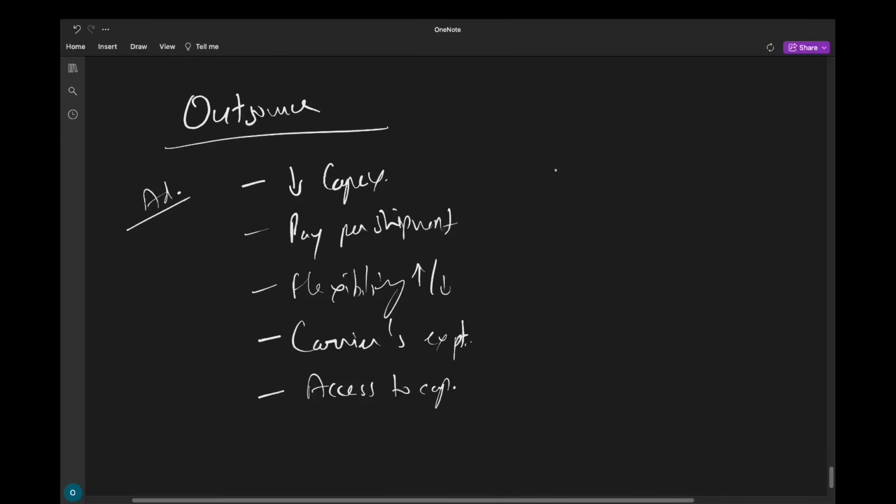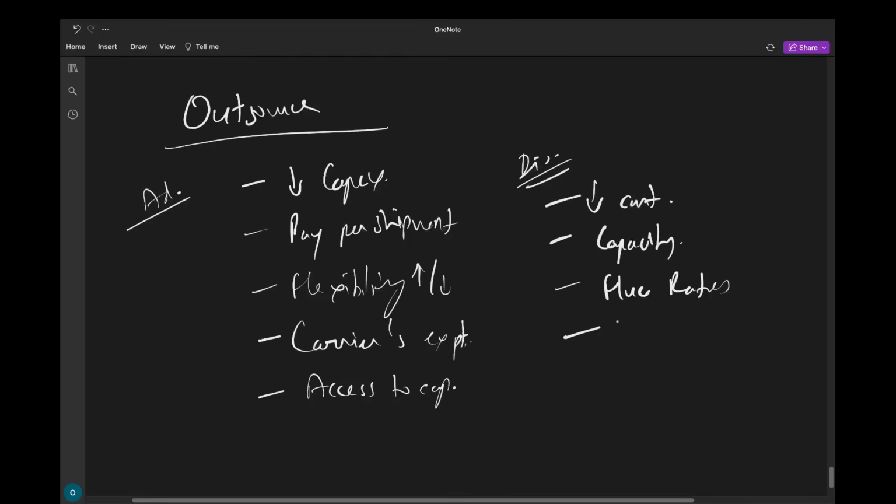Now what are the disadvantages? Less control. Capacity may not be available in peak season. Then rates may fluctuate and service quality may vary or may go down.